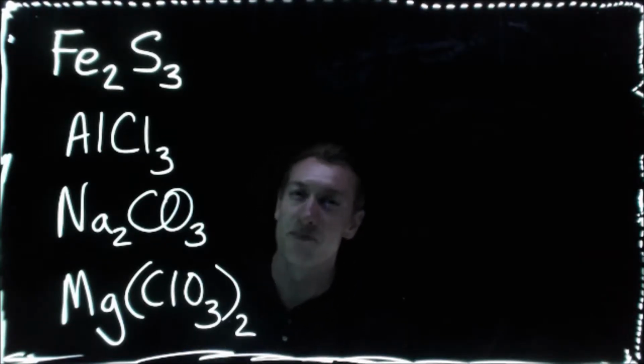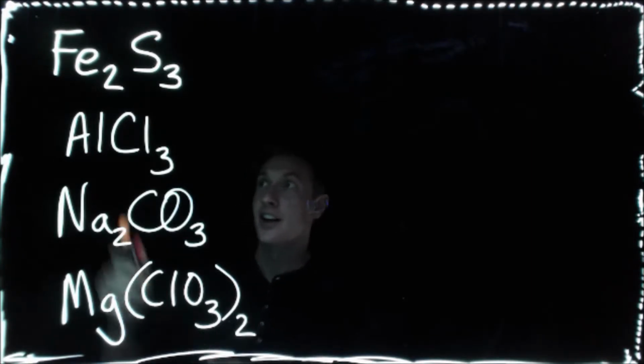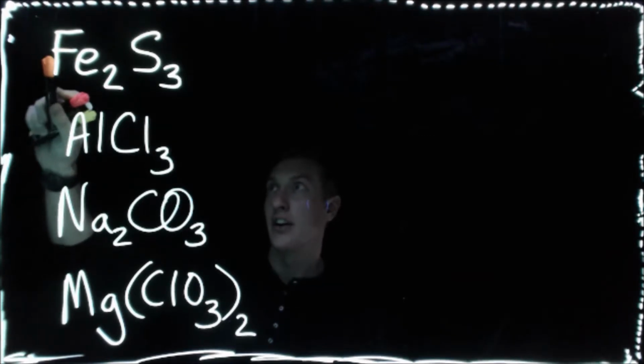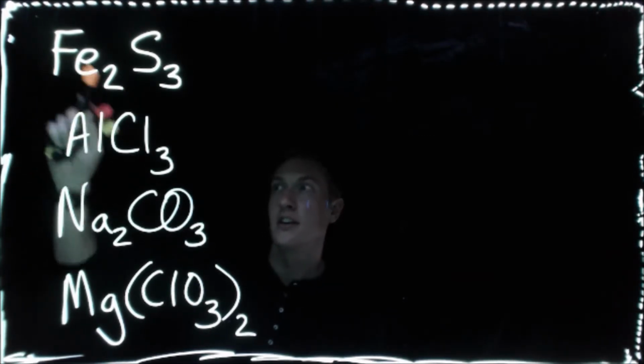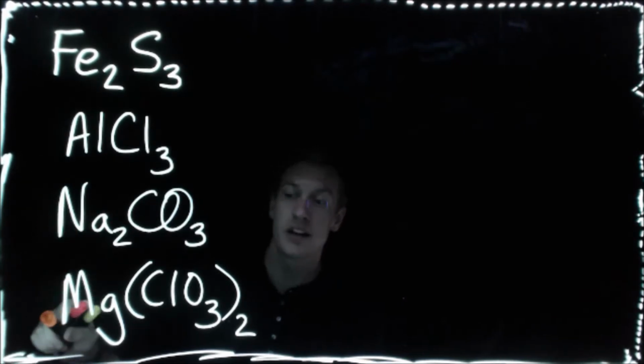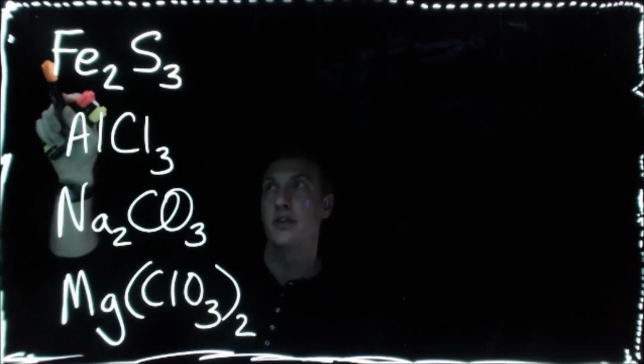All right, let's talk about some decomposition reactions. I have 4 reactants here. I have iron 3 sulfide, aluminum chloride, sodium carbonate, and magnesium chlorate. So first let's look at iron 3 sulfide.